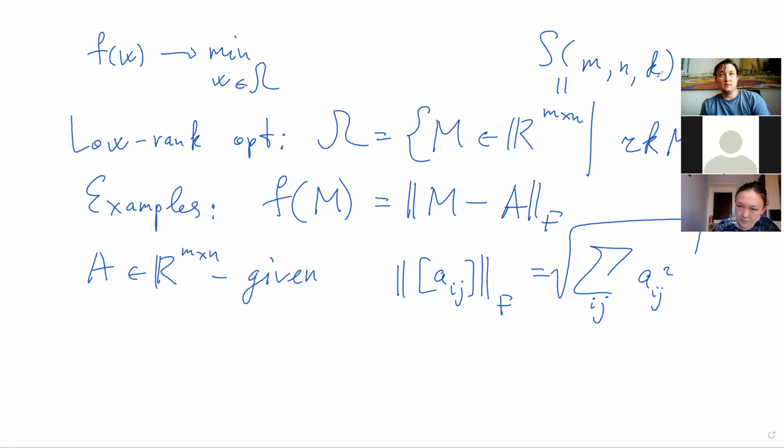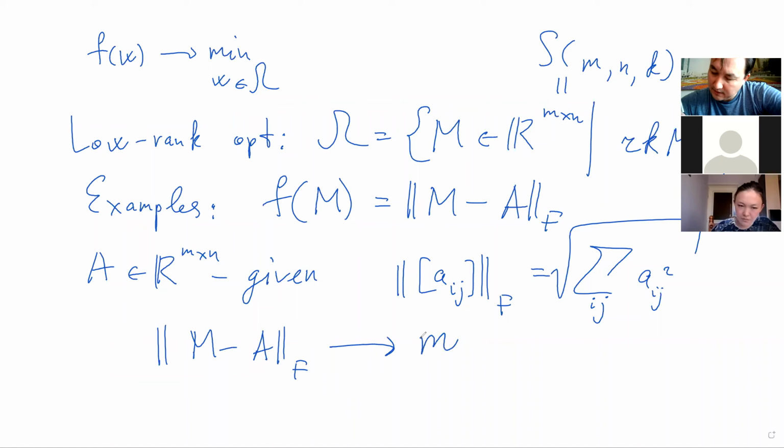By the way, if we are considering this example, when we minimize this function, maybe someone remembers what the solution is. When the Frobenius norm is minimized over all matrices of rank not greater than k, what is the solution of that problem?